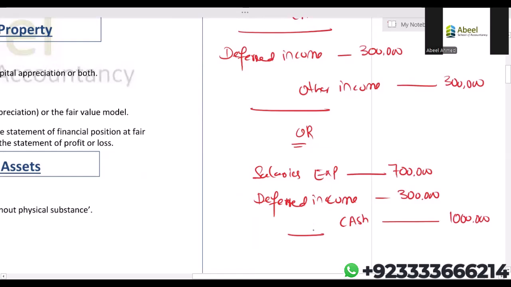Both accounting treatments are properly acceptable. No issue at all. Okay.